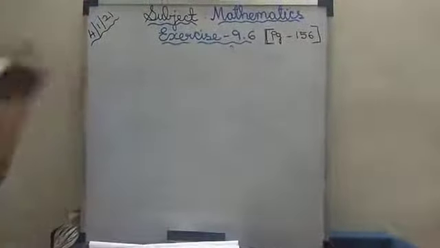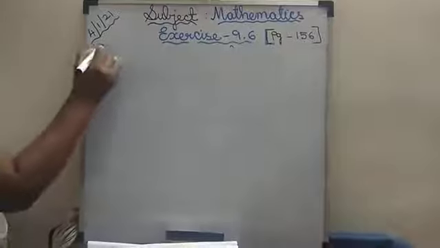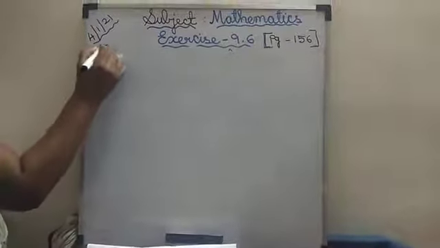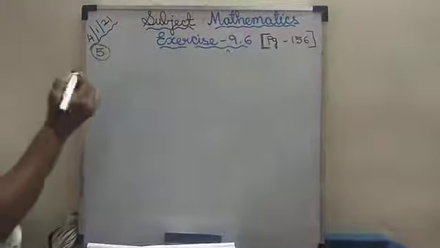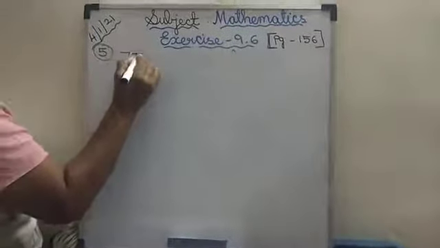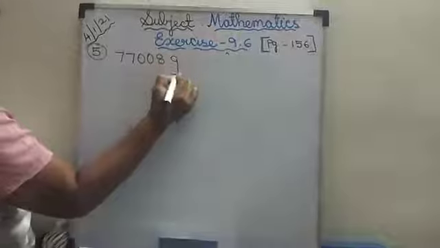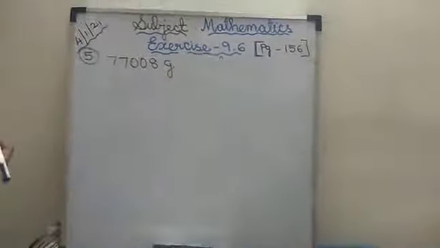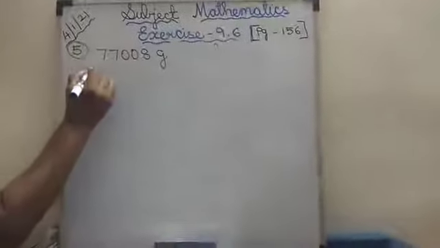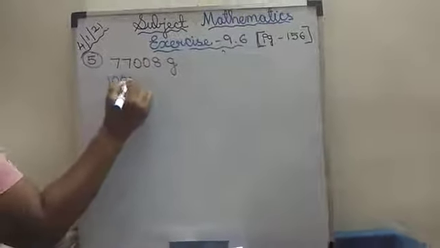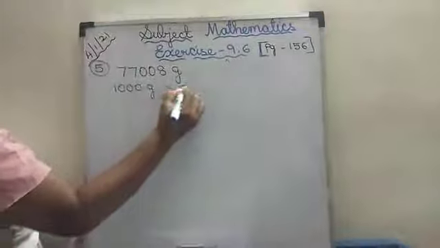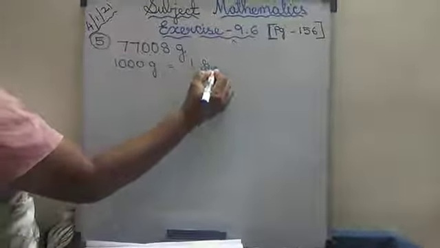Okay, the fifth sum. 77,008 gram. Okay children, here again what you have to do? 1000 gram is equal to 1 kg.